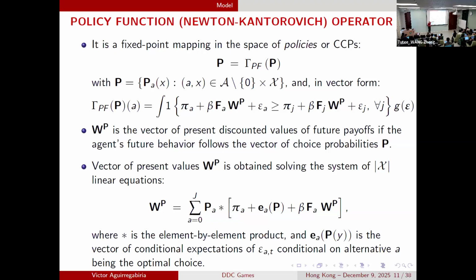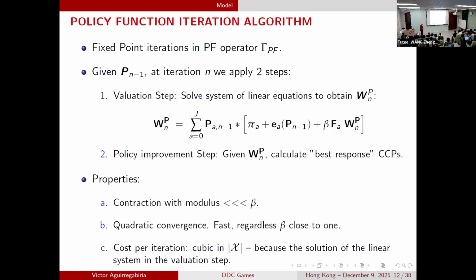Solving this system of linear equations, the computational cost is cubic, basically, in the number of states. Inverting a matrix is cubic or close to cubic. So solving a system of linear equations is between quadratic and cubic, but closer to cubic. Okay, that is how policy or Newton-Kantorovich iterations work.